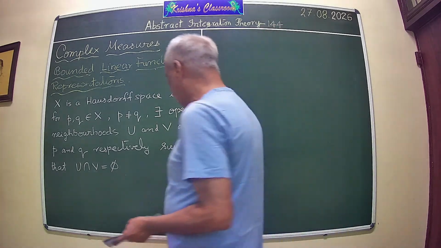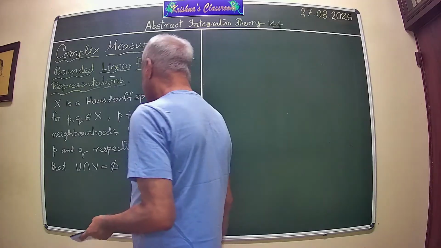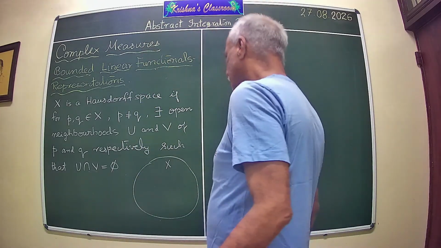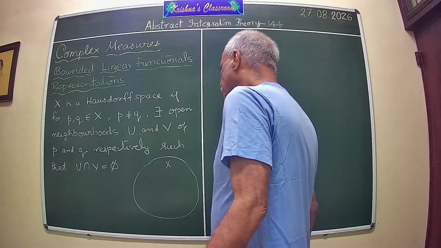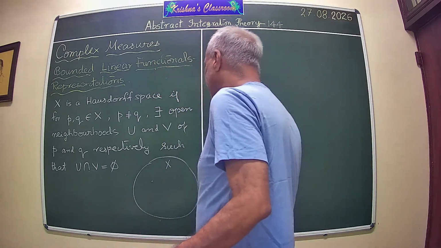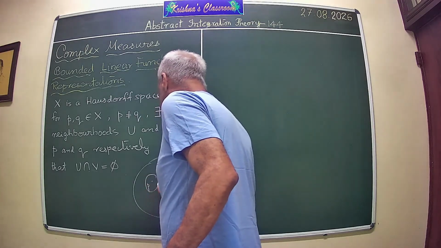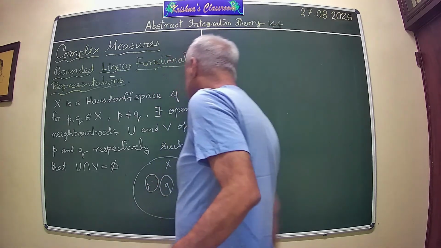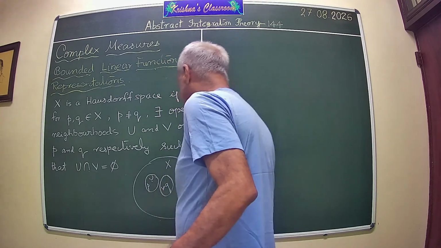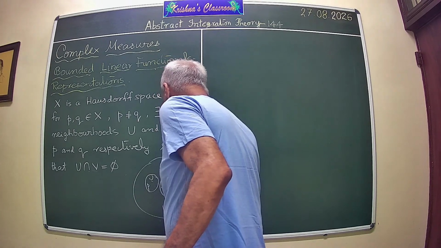What it says is the following. This is the space X in which you have a topology, so there is a concept of open sets. It says that if you take any pair of points where P is not equal to Q, there exist open neighborhoods U and V such that U intersection V is empty.